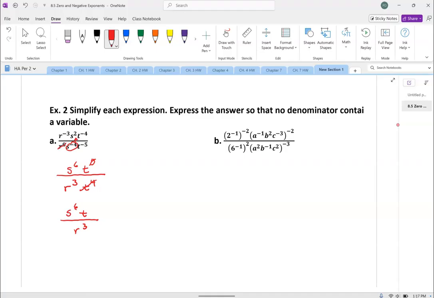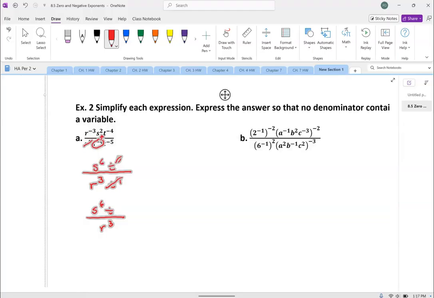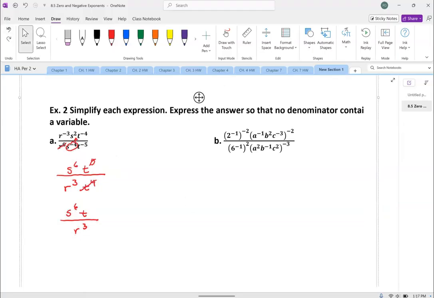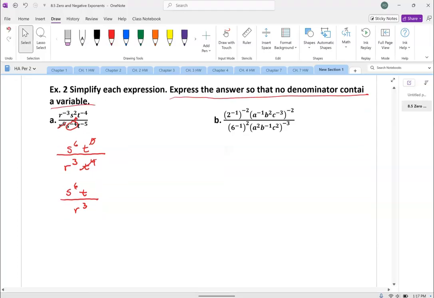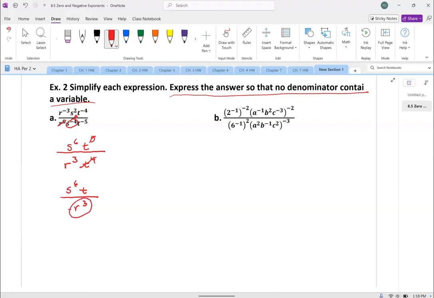Except, now I didn't read the directions, so this one's on me, guys. It says express the answer so that no denominator contains a variable, which kind of goes against what we've been doing, which is a little annoying, and I forgot these problems are here, so I'm sorry. I can't have that r cubed in the denominator, so in other words, we got to bring it back up. We're going to make it r to the negative 3, s to the 6th t.